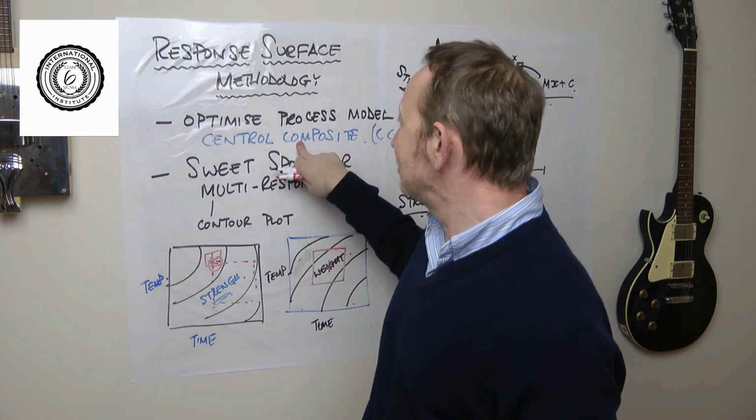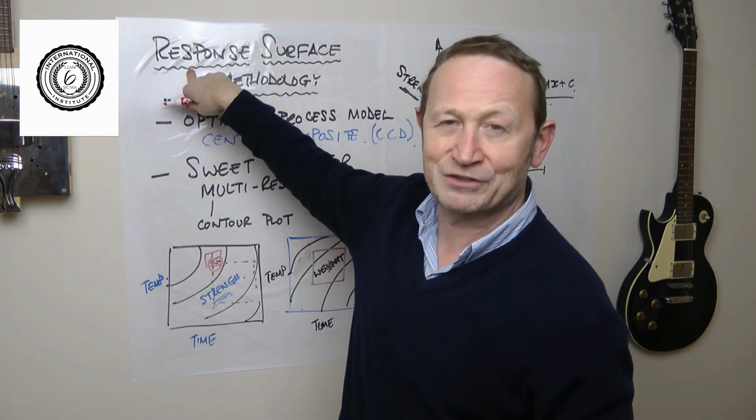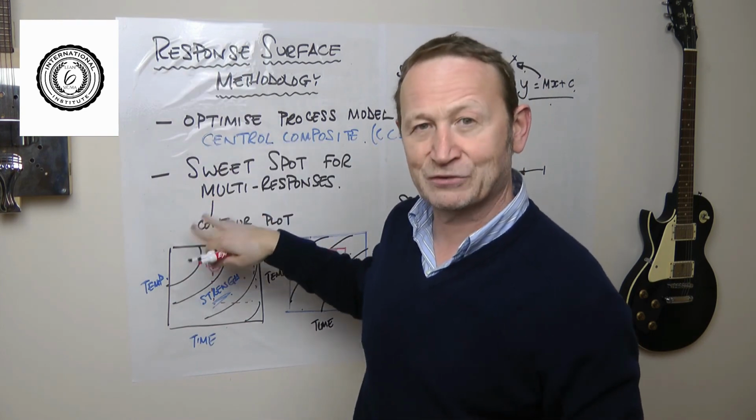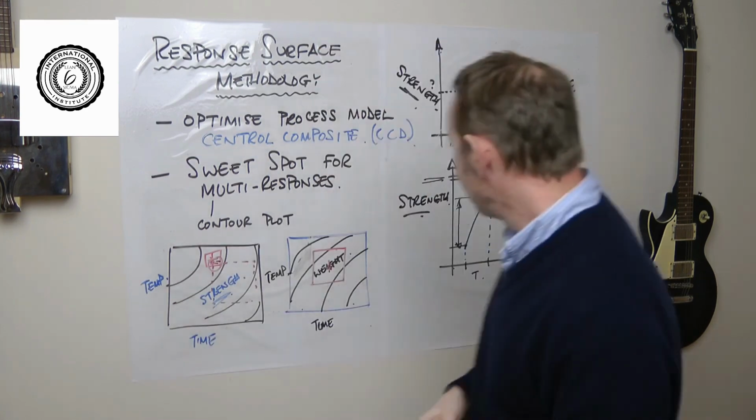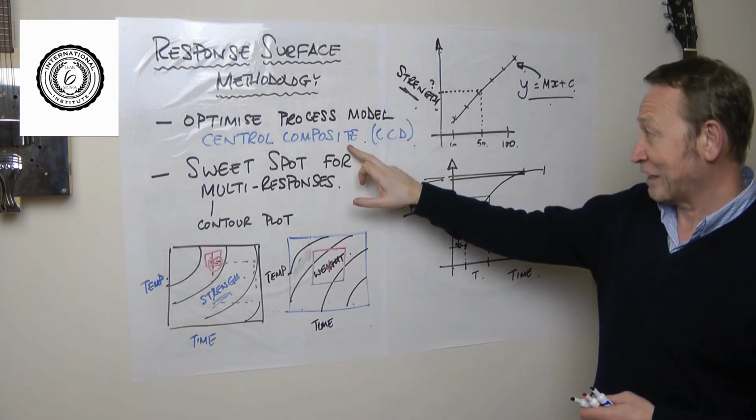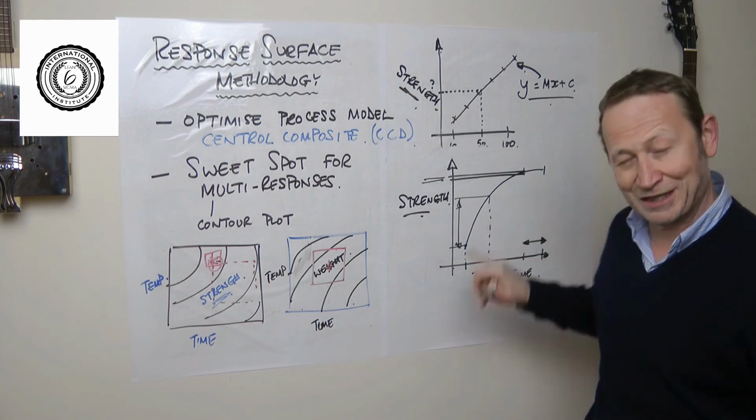So this DOE was generated to generate these diagrams. It's effectively there to spot curvature. The central composite design is there to see curvature.